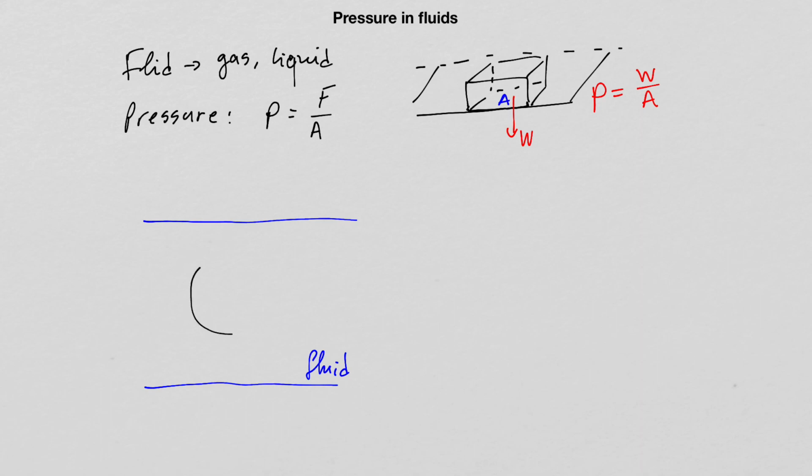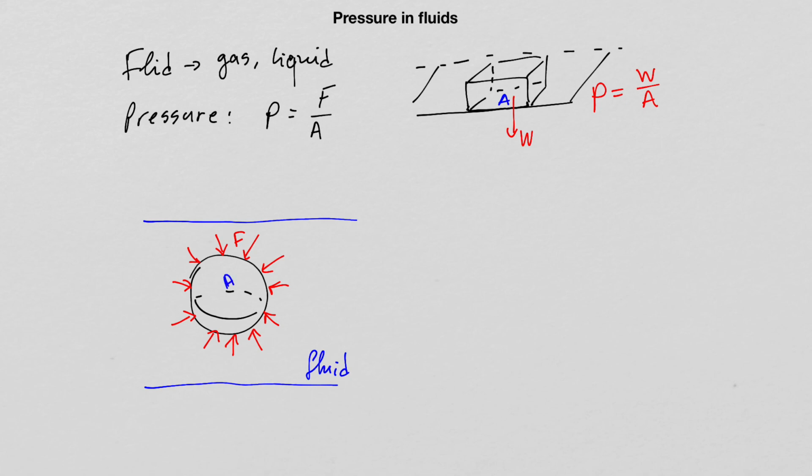And here is the object. So this is a spherical object. It turns out that the force applied by the fluid comes from all directions. It does not come from a preferred direction. And so the force is equally distributed over the surface area of the object.